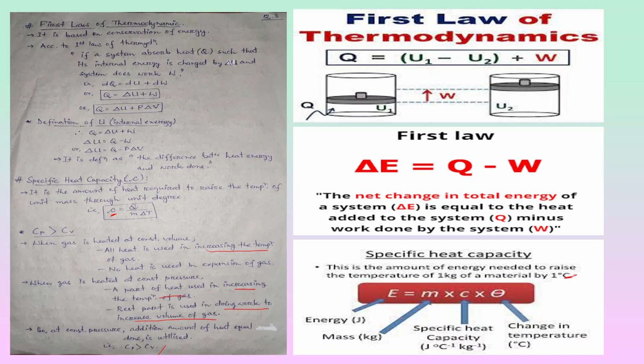This relation is also written like this: here E is written, and Q is just the same, and this is equal to M into C into theta, where M is the mass, C is the specific heat capacity, and theta is the change in temperature. Here their units are also given, so remember these relations, especially the unit of specific heat.